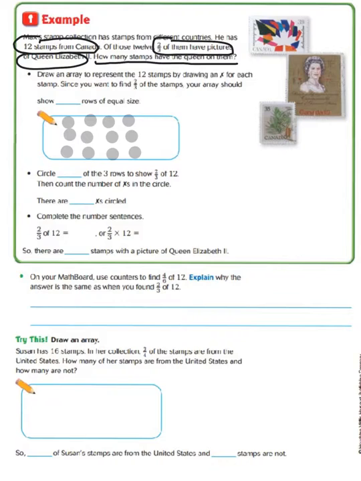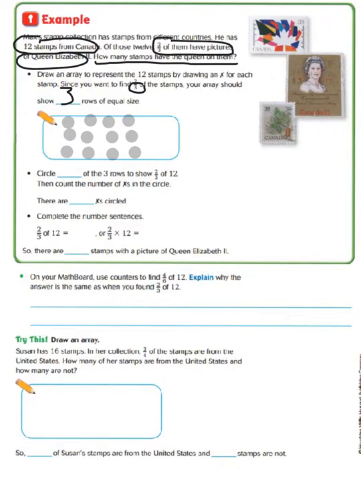I'm giving you a prime example of one of the problems with arrays, which is keeping them aligned. Mine aren't very aligned, but it'll work for right now. So we drew our array representing a circle for each stamp. Since you want to find 2/3 of the stamps, your array should show 3 rows, because our denominator, which is our bottom number, is 3, and that's what demonstrates the number of rows. So we should have 3 rows of equal size.